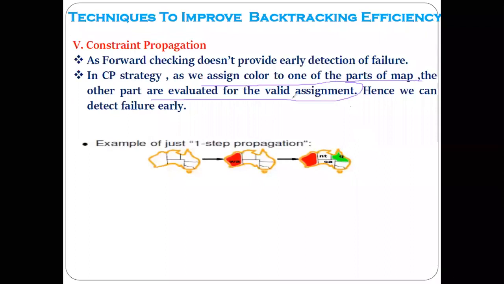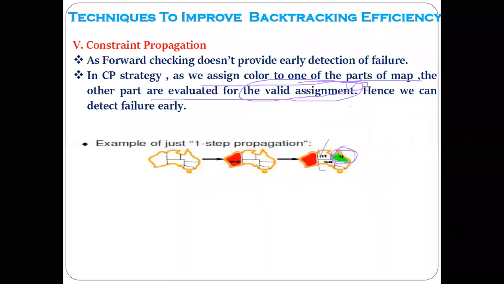Valid assignment. Correct? So when you are trying to assign the green color to this, we evaluate the other parts for valid assignment. Now what are the other parts of this region? Yes, NT and SA.